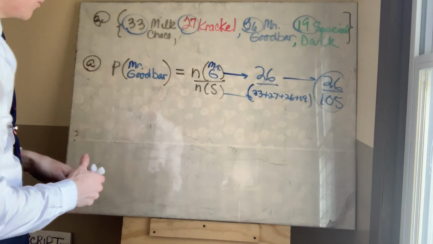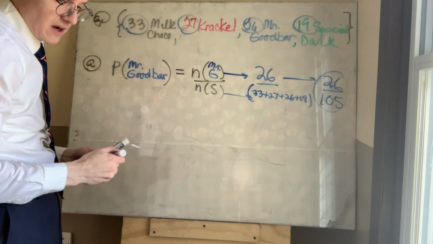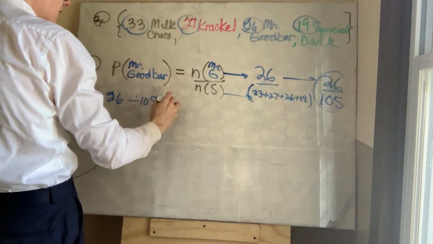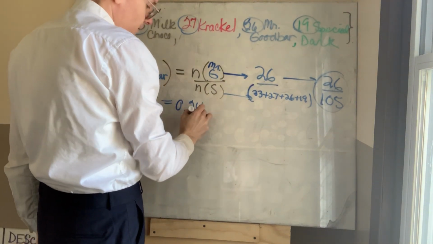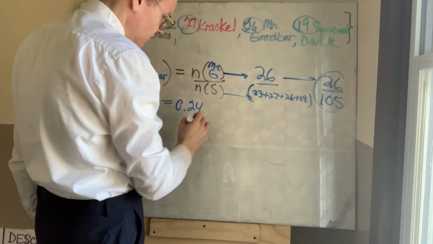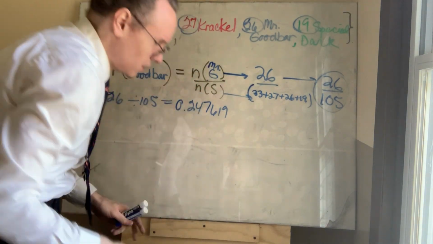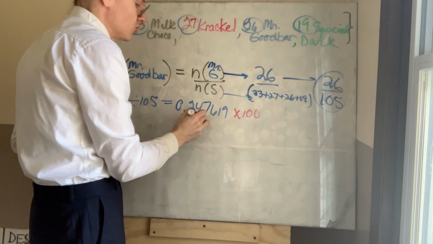So, what would happen if you took your calculator and divided 26 by 105? You would get this decimal, 0.247619, something like that, which if you multiply it by 100, the effect will be to just move the decimal point over.